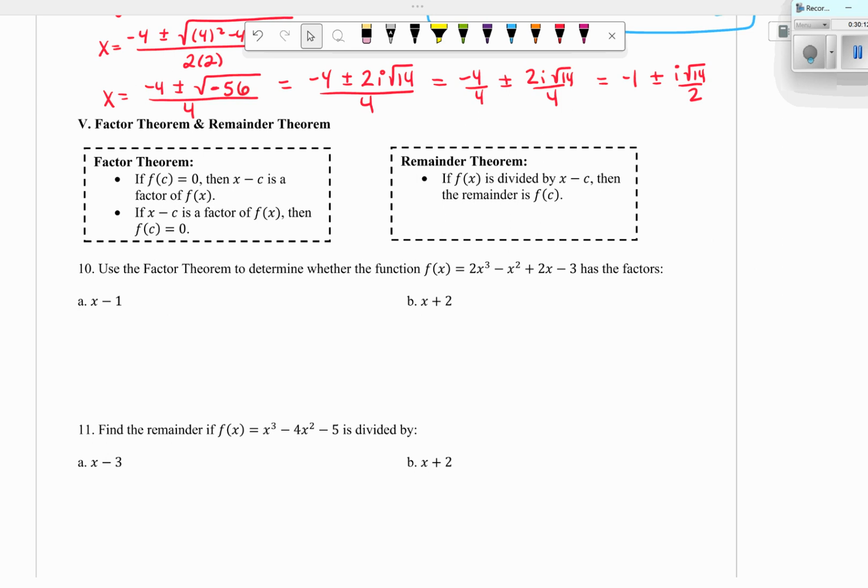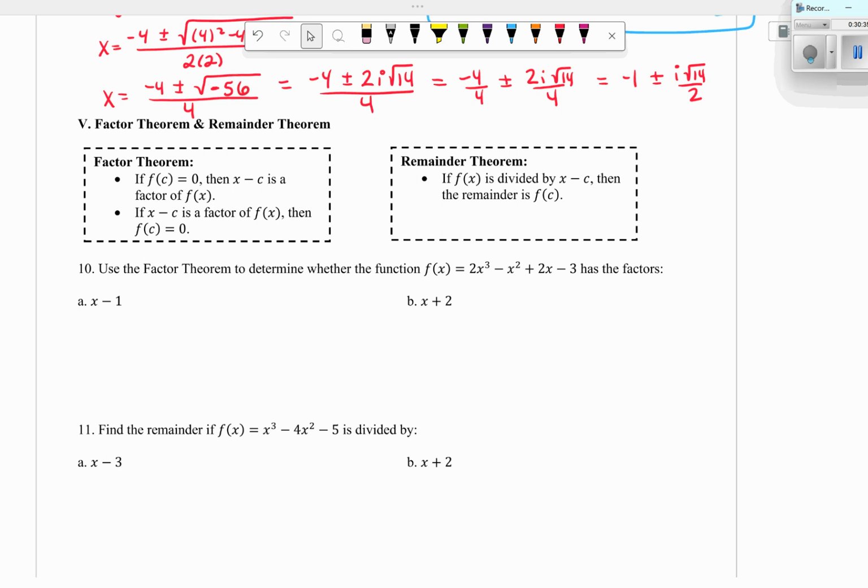So it says use the factor theorem to determine whether the function has the following factors. If they're going to be factors, then when I plug that value into my equation, I should get 0 out, because remember, if they're a factor, that means they're an x-intercept. And when you have an x-intercept, that means your y value is 0.